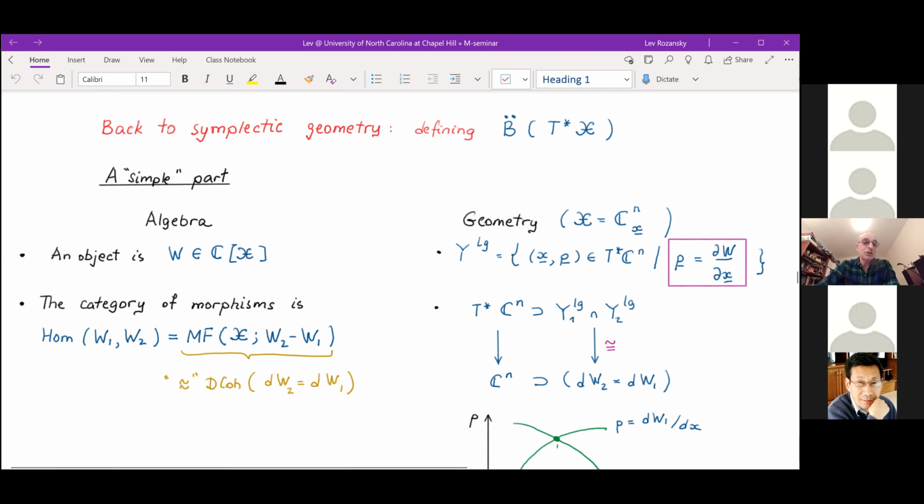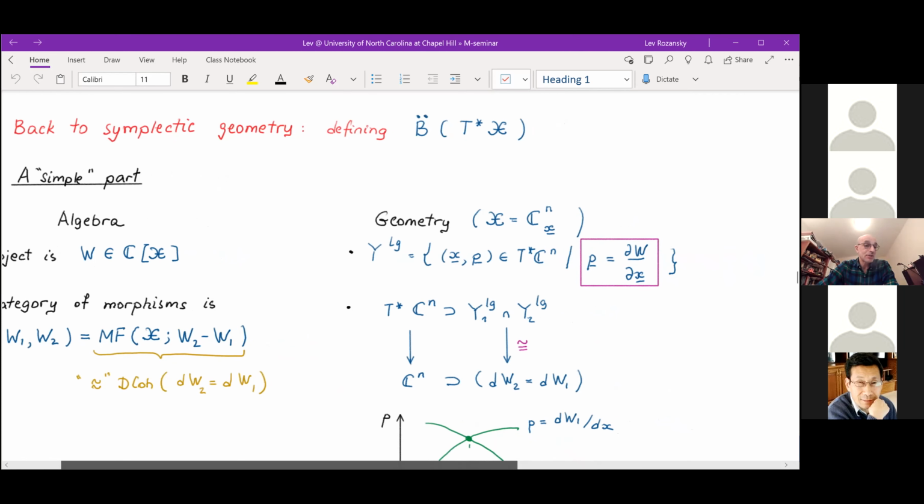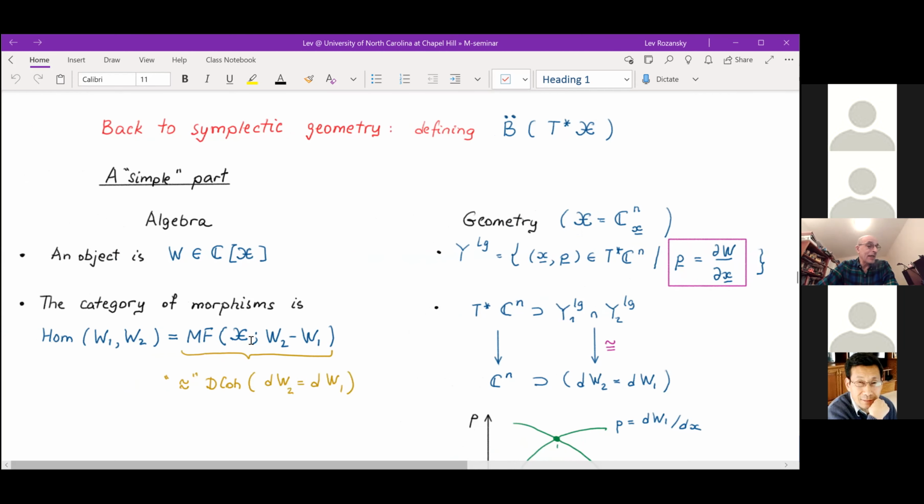On the geometry side, we take the graph of its differential, which is a Lagrangian subvariety in T*X. The category of morphisms on the algebra side is matrix factorizations of the difference of W. So W is an object. A morphism between two polynomials is the category of matrix factorizations of their difference.